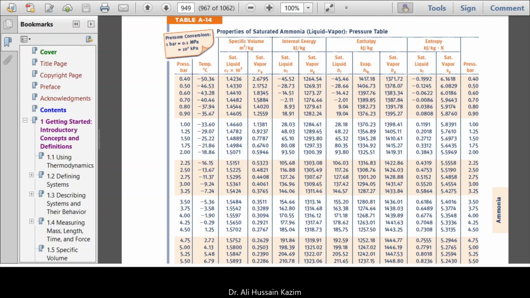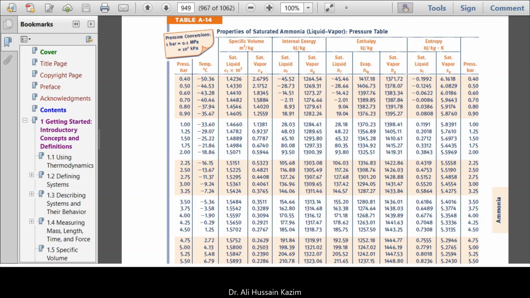If we use this formula, ZC, PC, TC can be found from table A1, and R is the gas constant.